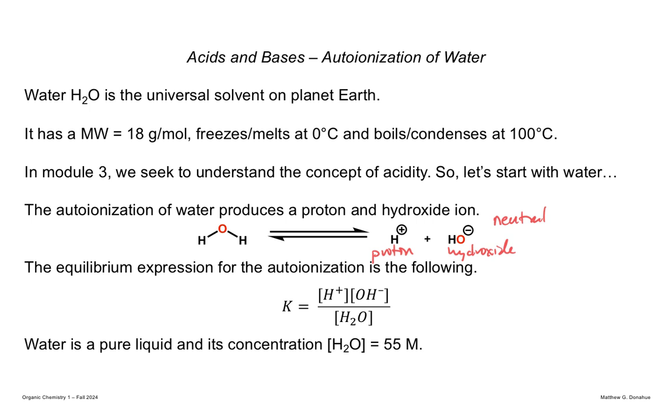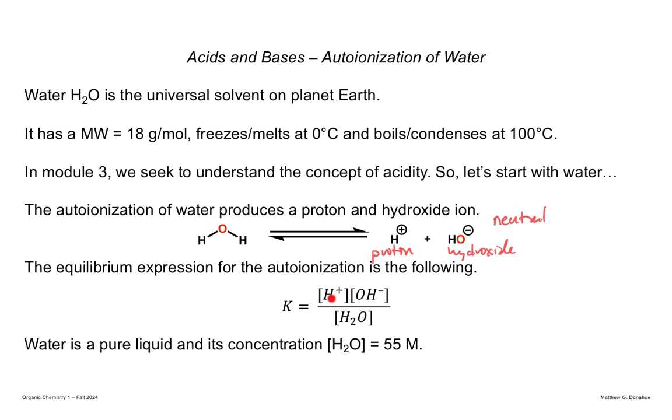Probably some of your darkest days in general chemistry were learning about setting up these equations here for equilibrium, and then doing the ICE tables. You remember that? So an equilibrium expression is when you look at the products and we put them in form of concentration, and then you divide that by the reactants.